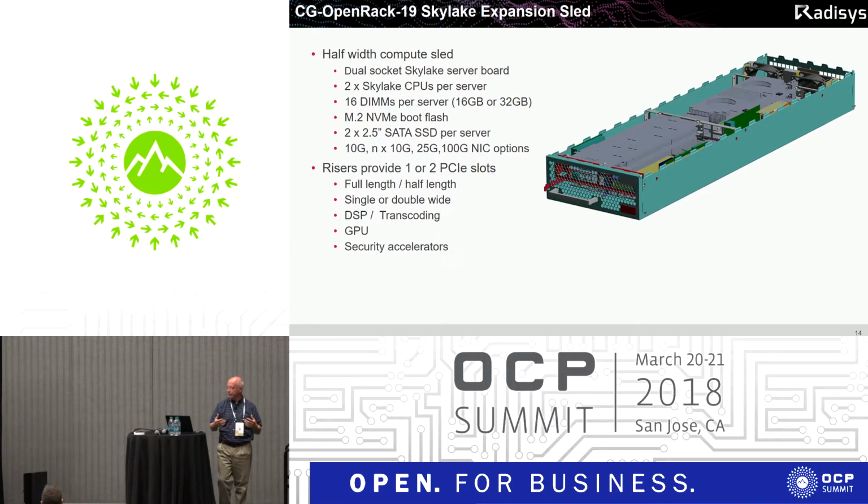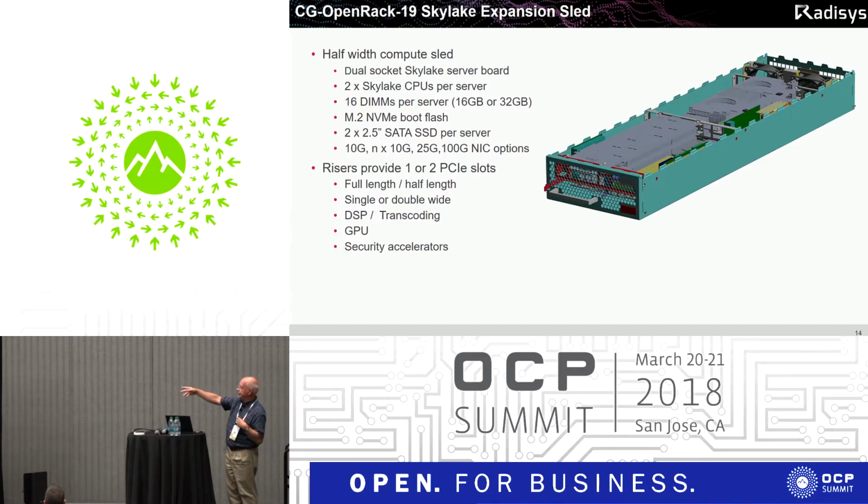Now, additionally, another interesting sled that I want to talk about is what I call the expansion sled. This is basically a server at the bottom of the sled, but above, in this image, there's actually 4 DSP cards that are installed in PCI Express slots to the server.